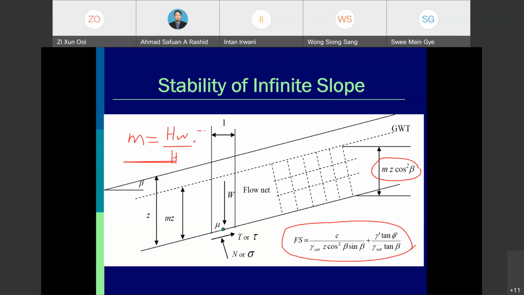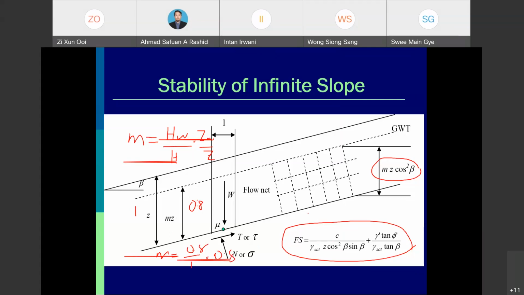Because Dr. Noli used Z, it is Zw over Z. So if this is the failure surface, for example if this is 0.8 meter while this is 1 meter, then M is equal to 0.8 over 1, so we obtain 0.8 as the M value.